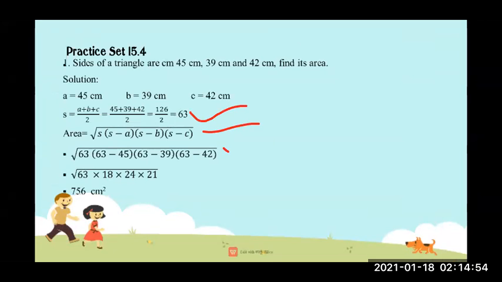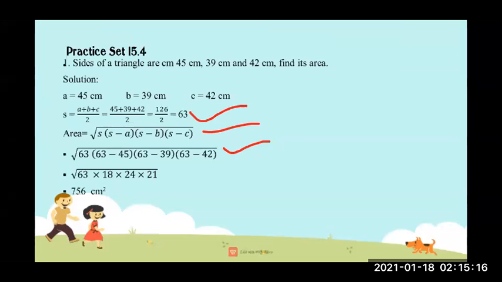S we got is 63. So square root of 63 times (63 minus 45), that is S and a, then S minus b, that is 63 minus 39, and next S minus c, that is 63 minus 42.